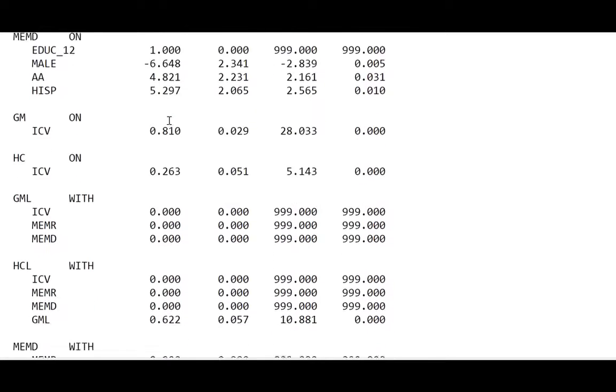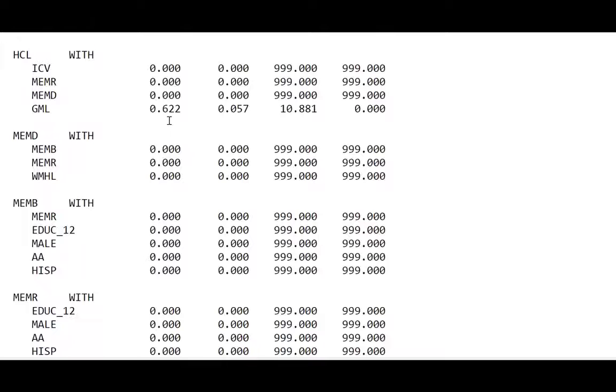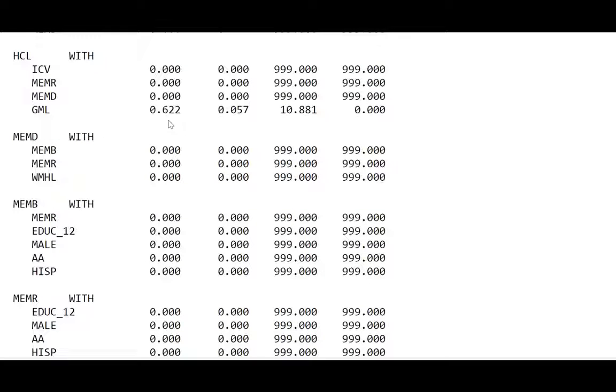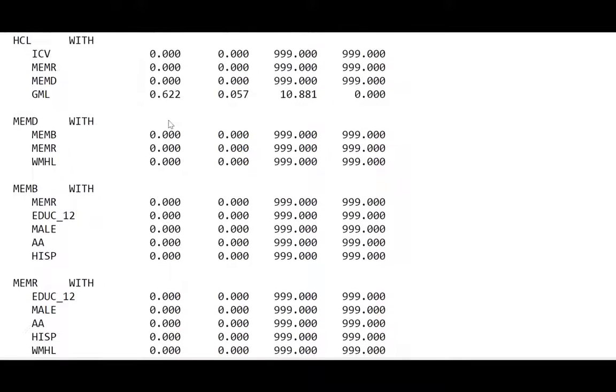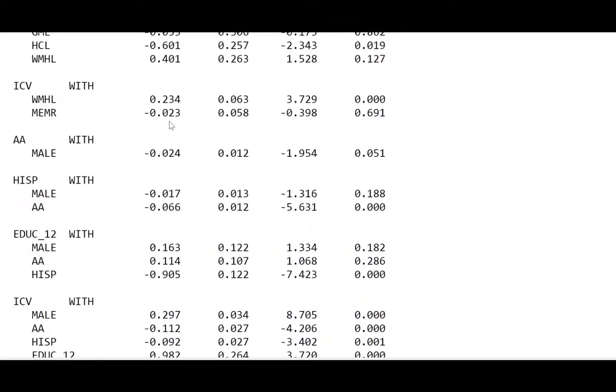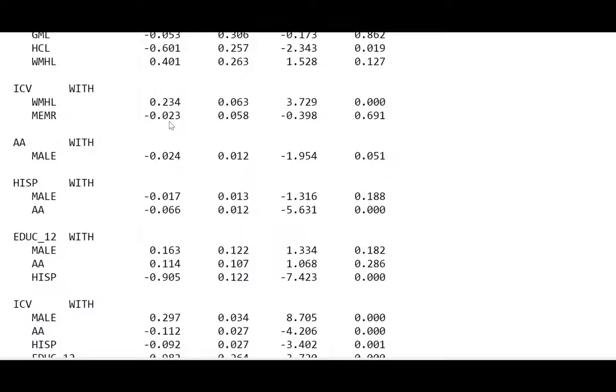Okay, so we've got these things that we're interested in: GML by GM, HCl, WMHL, MEMR, MEMD. And these are the things we're really interested in at the end of the day, especially the MEMR and MEMD.